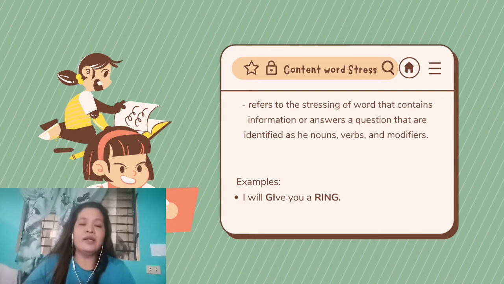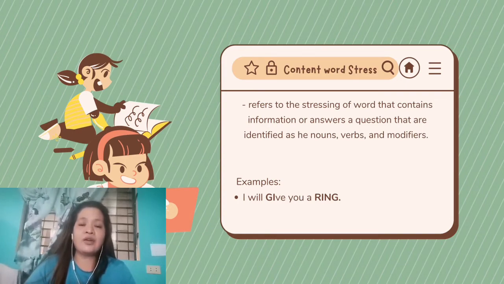In the sentence above, the word is a verb, ring. Oh, ang stress niya ay nasa word na ring sa example ko, at saka sa give. The word give is a verb while the ring is a noun. The rest are function words.